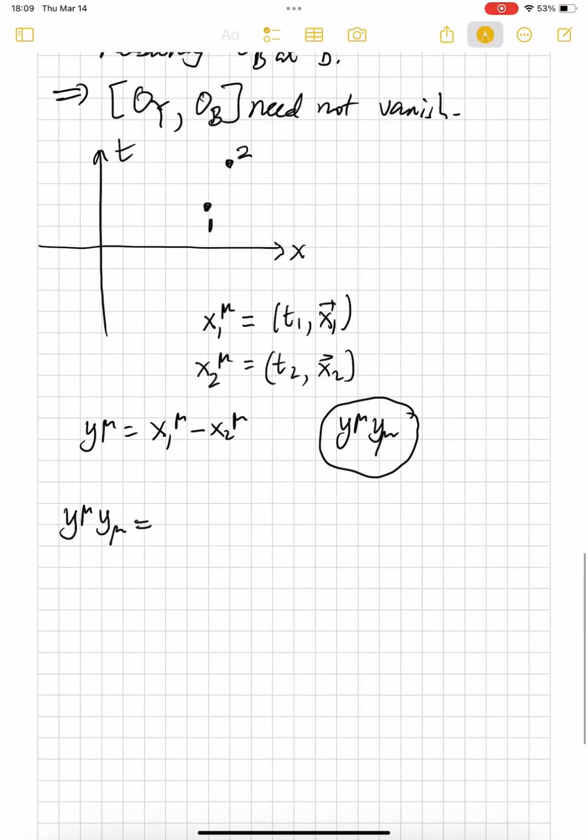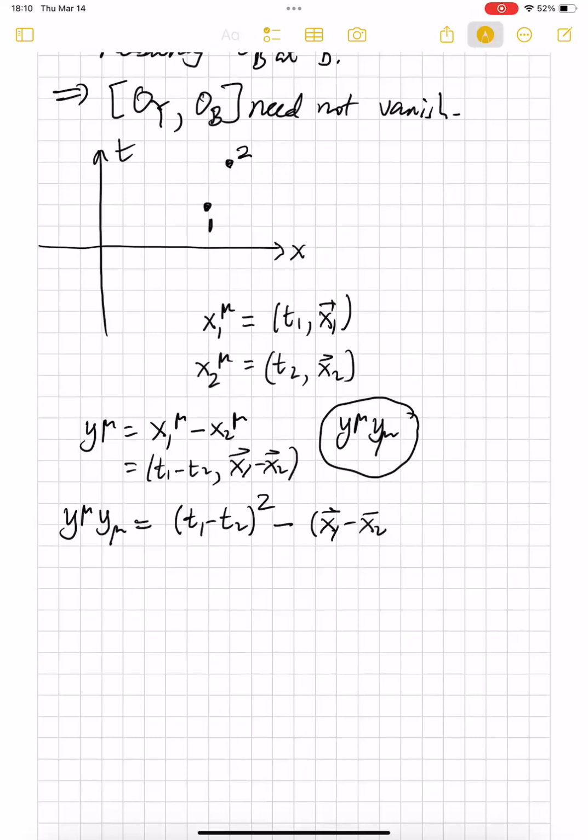Maybe I should write down what this vector is. It's t1 minus t2 and x1 minus x2. And y mu squared will just be the time component squared minus the space component squared.